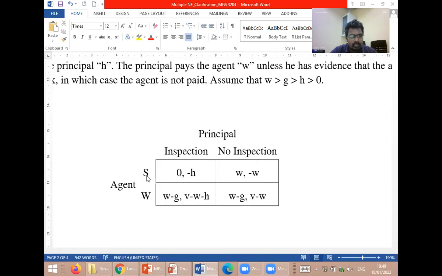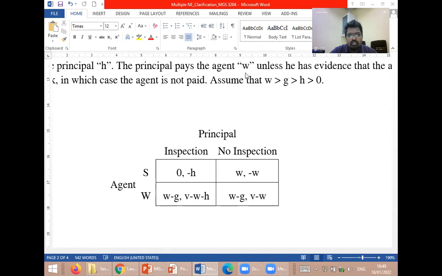If the worker avoids working and the principal, the owner, inspects, then you will not be paid anything and you will be fired from the job. So for the agent, you will end up with 0. That's the idea here.